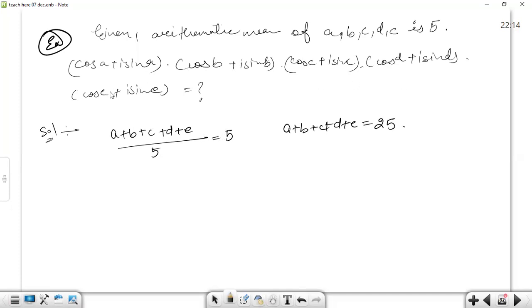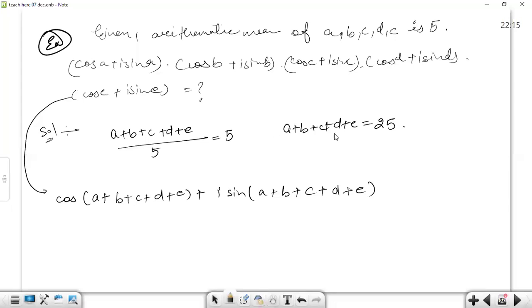As we know from the property, in cos A plus iota sin A, both of the angles are the same and iota is with the sine. It is the same with every other term. We can write it as cos of (A plus B plus C plus D plus E) plus iota sine of (A plus B plus C plus D plus E).